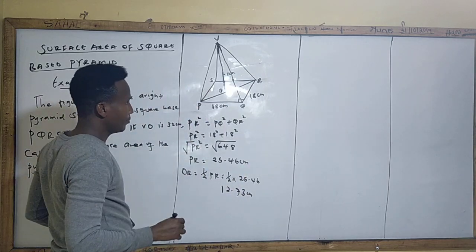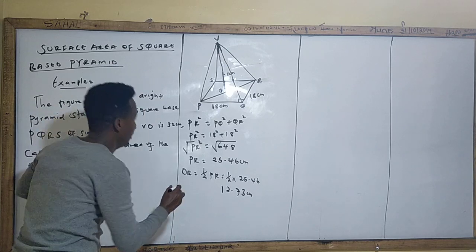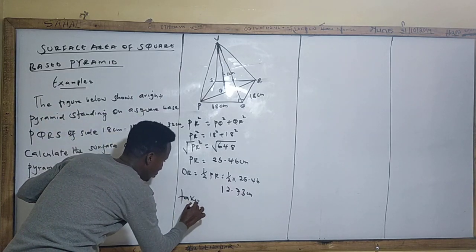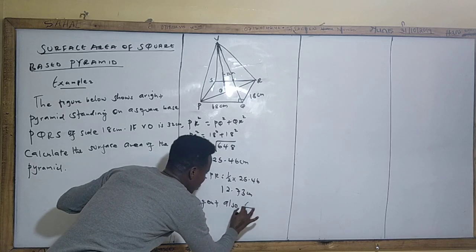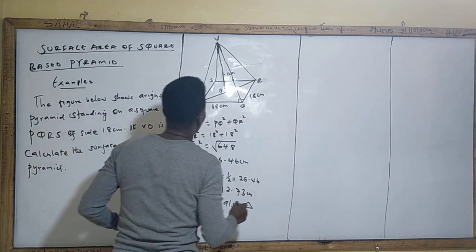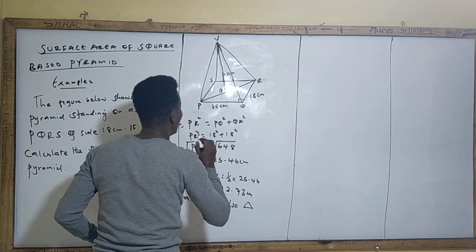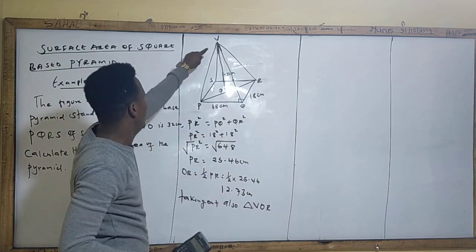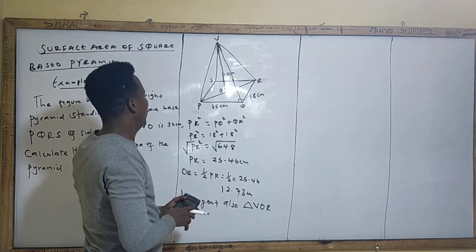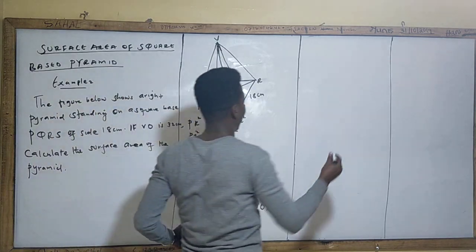Now again, taking out triangle VOR. Just go with me. VOR. This is the height.